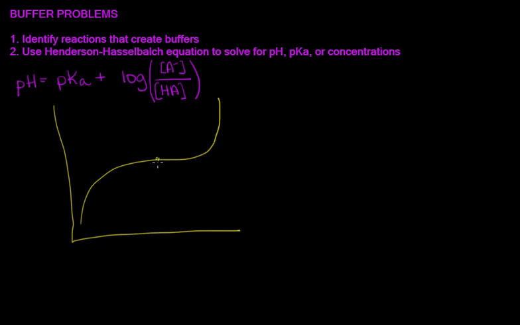The midpoint is the point at which the concentration of A minus equals the concentration of HA. So we have equal amounts of protonated form and deprotonated form, and when that happens, these two numbers will cancel. The log of 1 is 0. So at this point, the pH equals the pKa. That's a very special point that you should keep in mind. This is the midpoint.